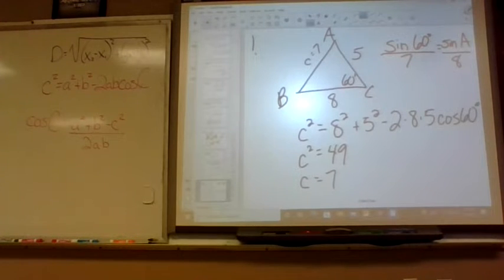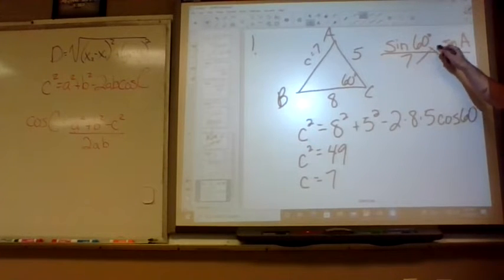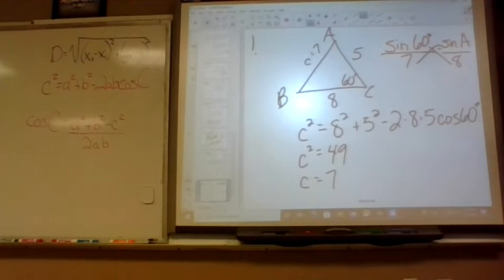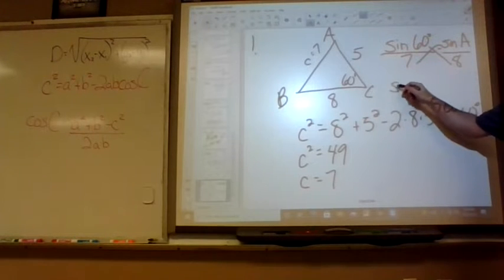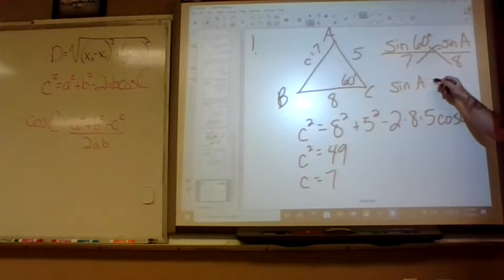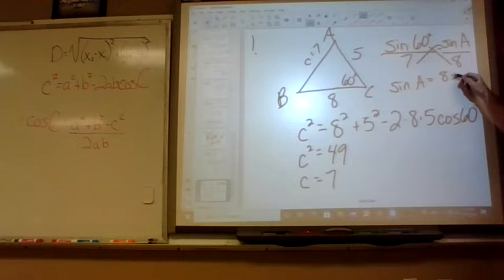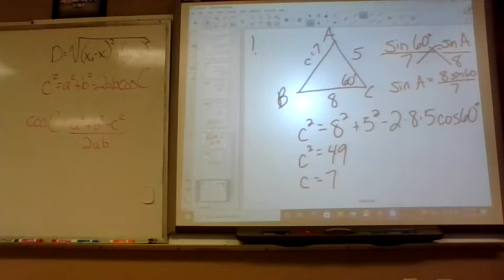Alright, so now you're gonna multiply those together. You're gonna do the first round of multiplication. On one side you've got sine A, and on the other side, 8 sine 60 over 7.